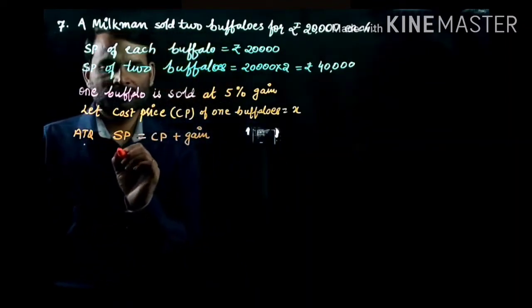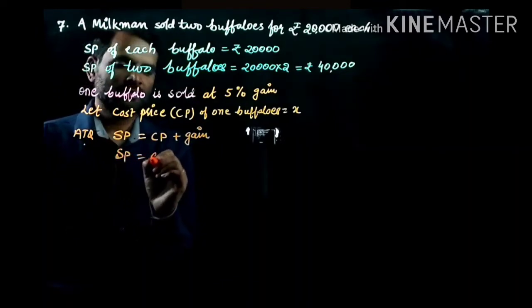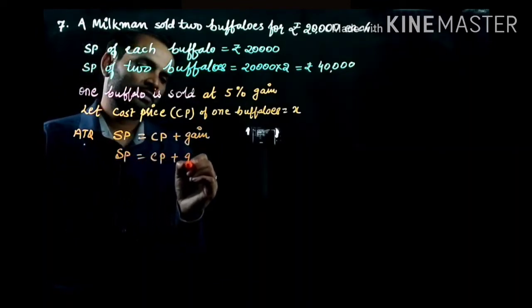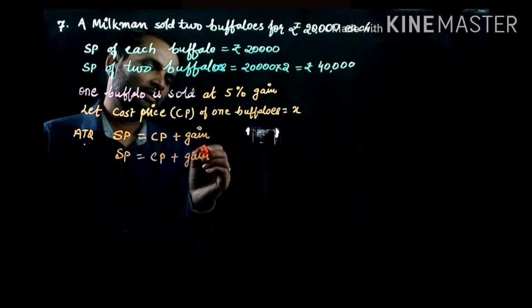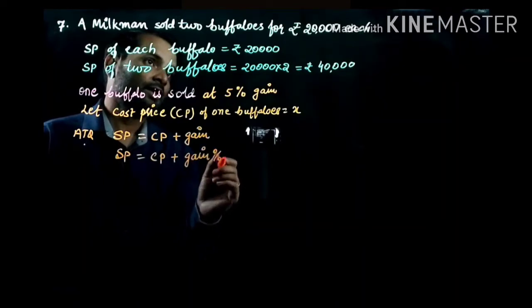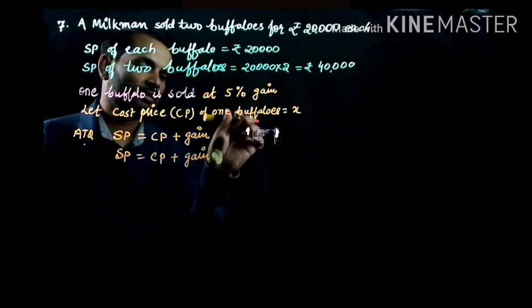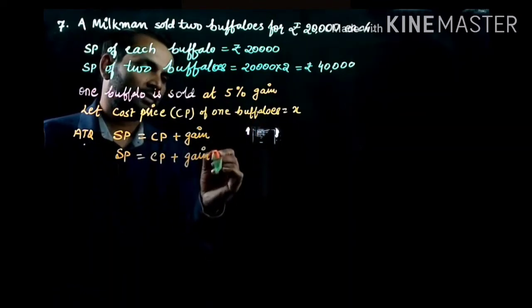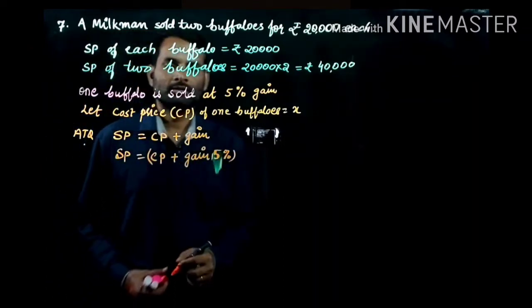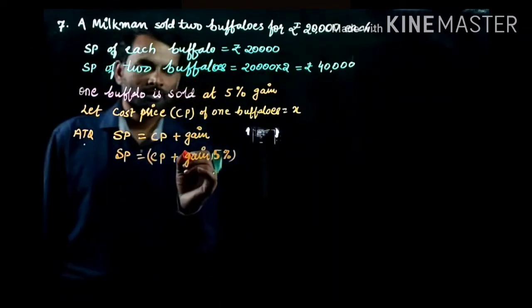Here the question gives that SP is equal to CP plus gain, where the gain is given as 5%.